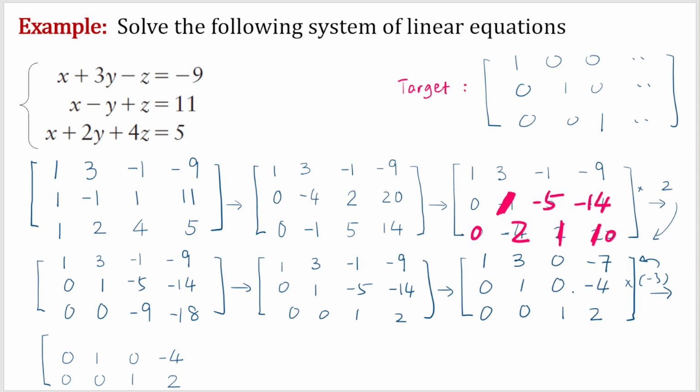And the second row times negative 3 added to the first row gives us 1, 0, 0, negative 4 times negative 3 is 12, 12 minus 7 is 5, right? Can you follow me?